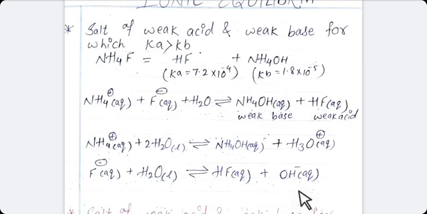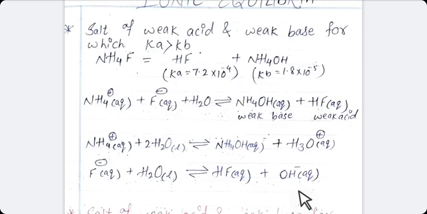In other words, NH4⁺ ions are slightly stronger as acid than F⁻ ions as base. The solution of ammonium fluoride is thus only slightly acidic and turns blue litmus paper red. So it is the first type of salt in which Ka is greater than Kb.